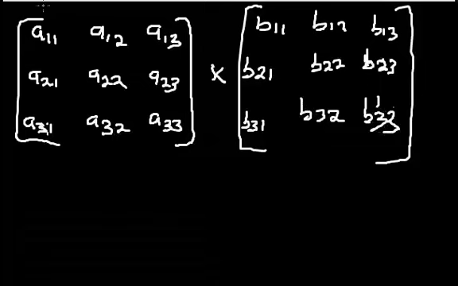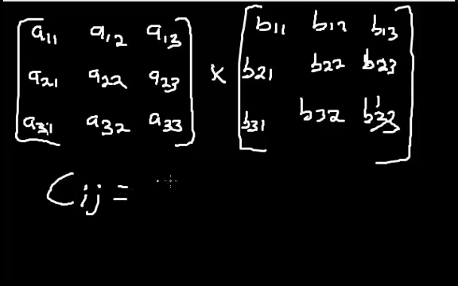Okay, so anytime you are asked to multiply two matrices, the product is gotten when I multiply row against column. Unlike in addition, where I add the same positions, here we multiply row against column.